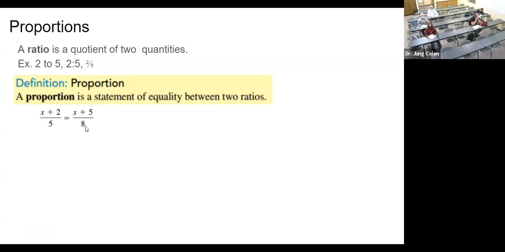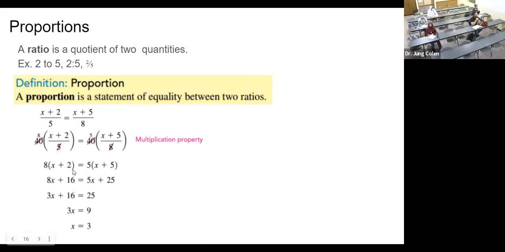You are using two ratios to set up an equation, then it becomes a proportion. For example, we are given a ratio of width and length of that crayon, let's say 4 to 5. I'm going to shrink it with the same ratio. It's still 4 to 5, but the length is not 4 feet and 5 feet anymore, right? It can be a smaller size, but the ratio is still the same. That is a proportion, okay?